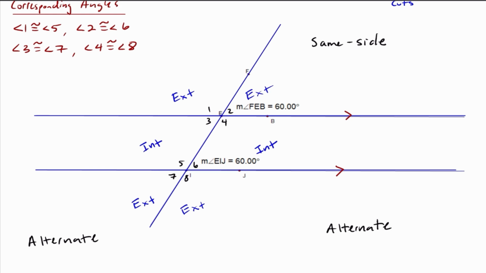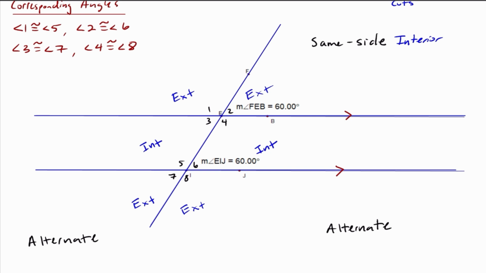So what I'm going to write over here, I'm going to write same side interior angles. Now, same side interior angles are angles that are supplementary to each other. We can see that 3 and 5 are same side interior angles, so those angles add up to 180 degrees.